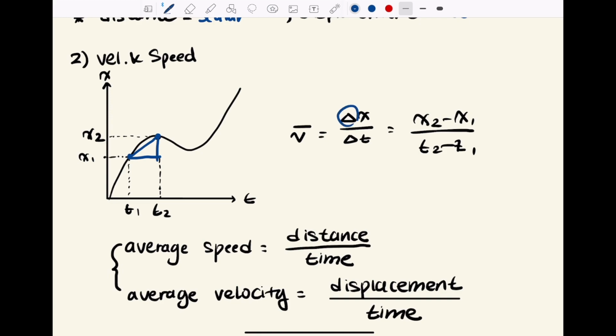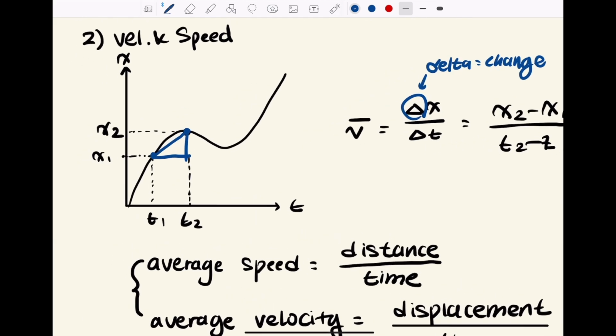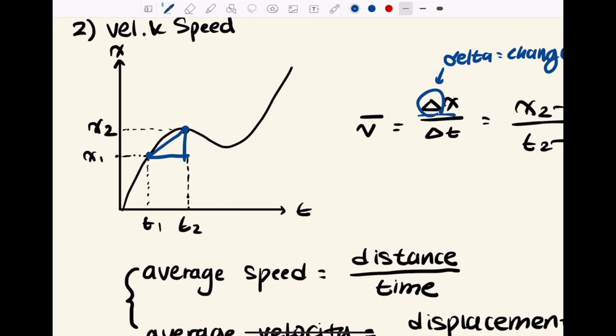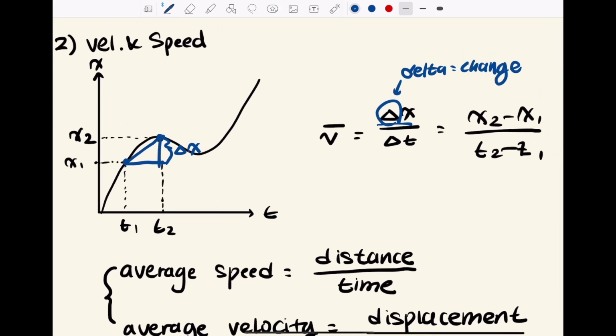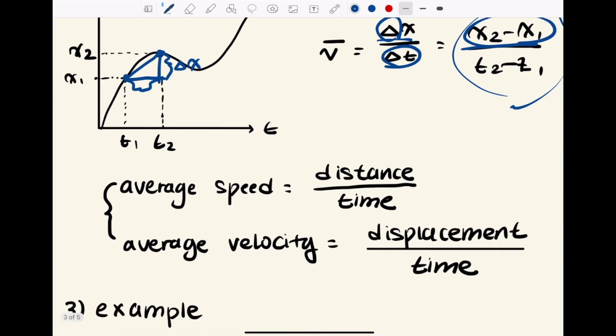I just use this triangle notation as delta, which basically means change. So change in x would be equal to x2 minus x1, and delta t would be t2 minus t1. So that would basically be the velocity.